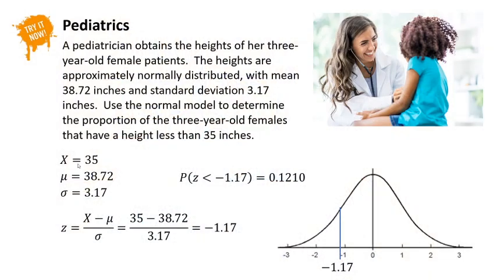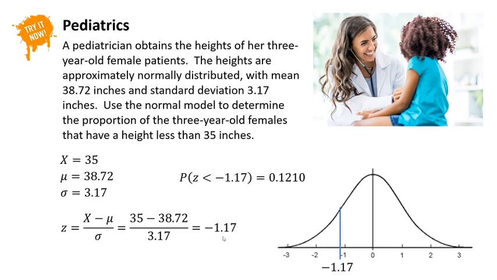Welcome back. Well, this shows the power of what we're doing here, and this allows you to solve these kinds of problems so easily. We come back to this, and we're seeing a normal distribution here with a mean of 38.72 and a standard deviation of 3.17. Where does a height of 35 inches sit on that? We know that it's going to be less than the mean, but by how much?